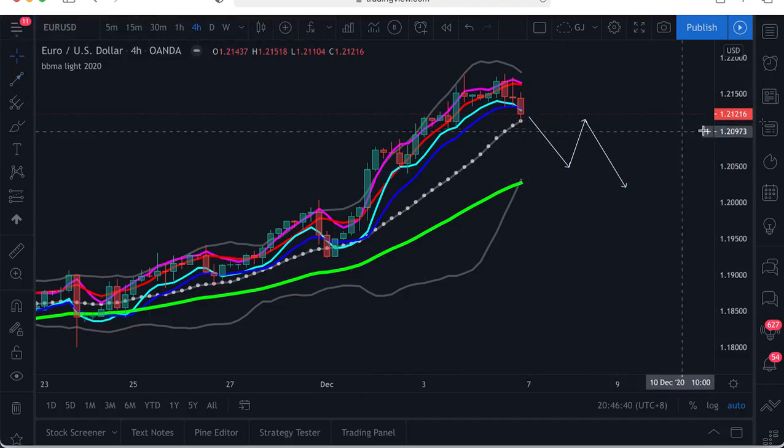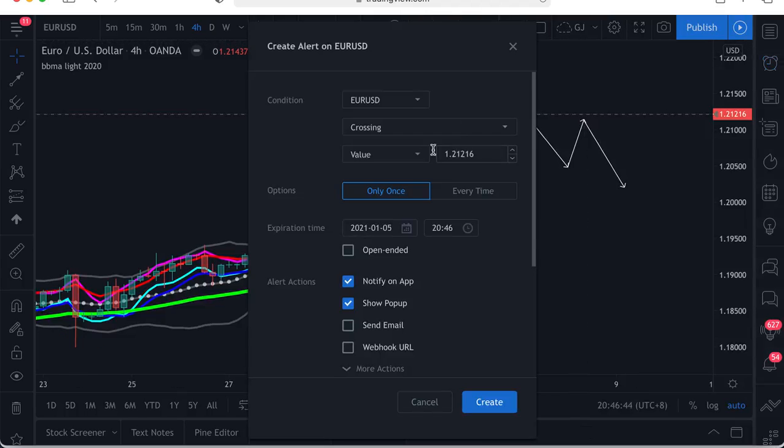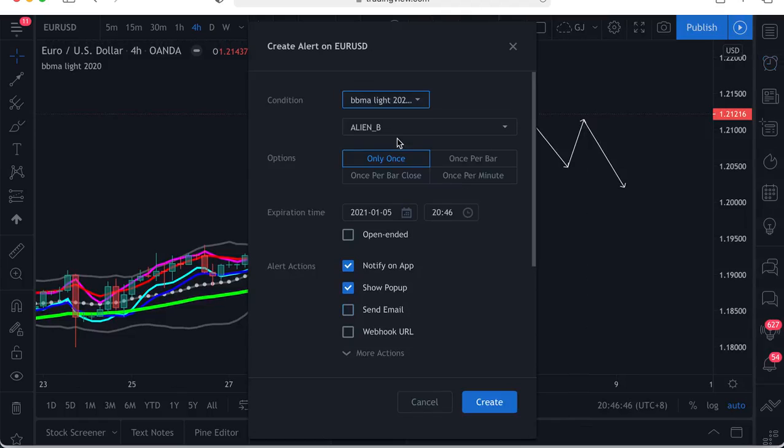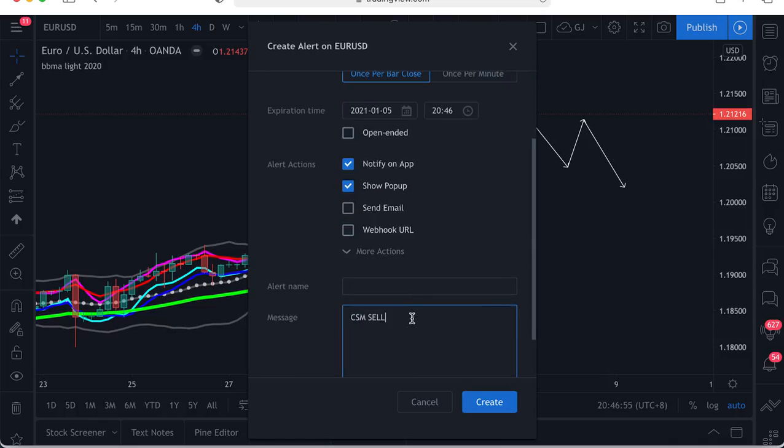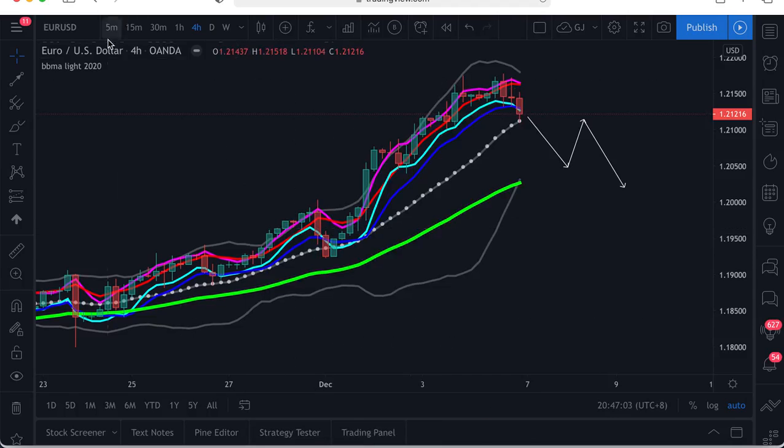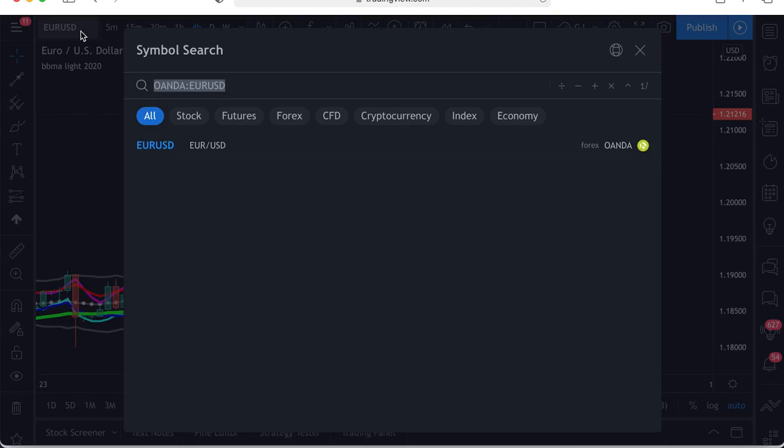Okay, so we're going to set an alert as well: CSM sell at H4, below EMA 50.